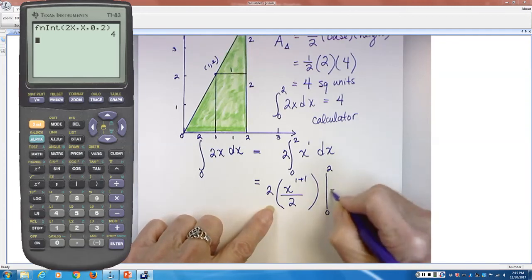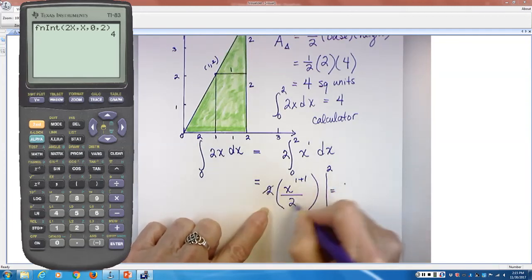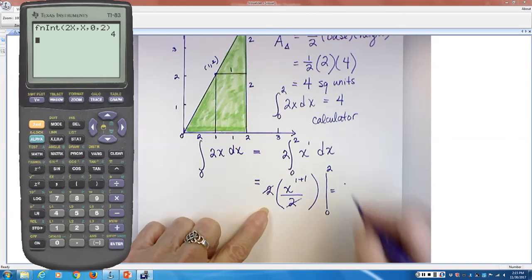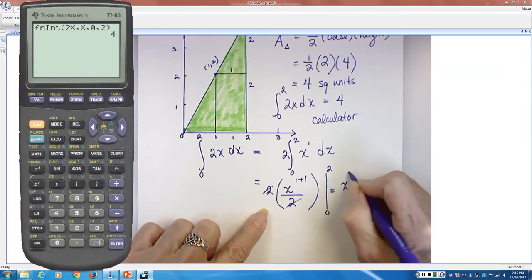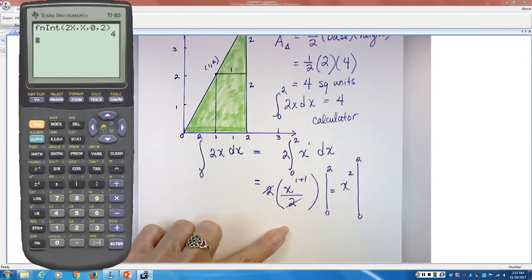So that is equal to, let's see, these 2's cancel, and 1 plus 1 is 2, so that's x squared evaluated at 0 and 2, and then we subtract. So that's 0 squared minus 2 squared, which is equal to 0.